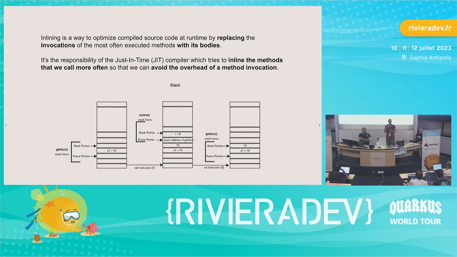But inlined means that the actual call to the method doesn't happen. Instead, the body of the method, with a few optimizations coming from this, will be happening directly at the call site. And this is definitely the optimization.